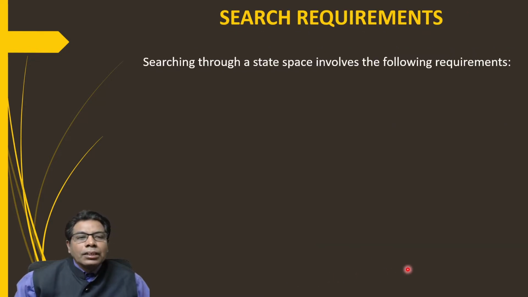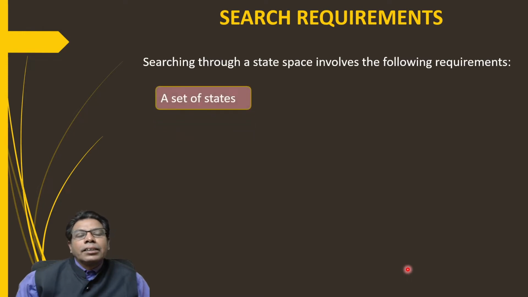Searching through a state space involves the following requirements. The first requirement is a state space. Here the states are reachable from the initial state by a sequence of actions, as well as details like where the search begins, ends, and then the transition model, etc. So the search should have a state space.